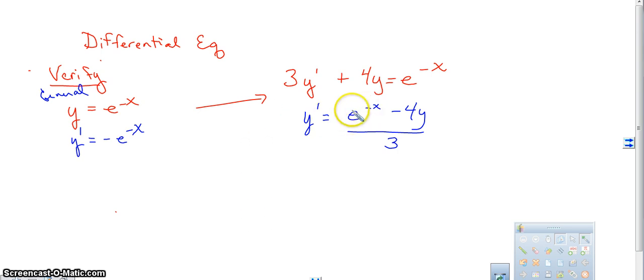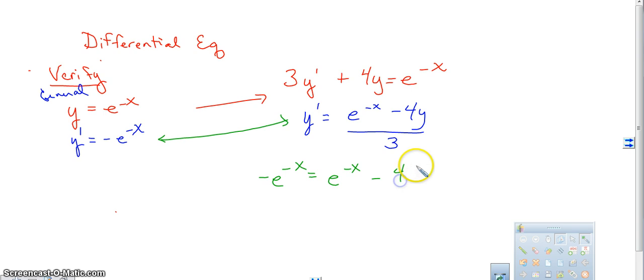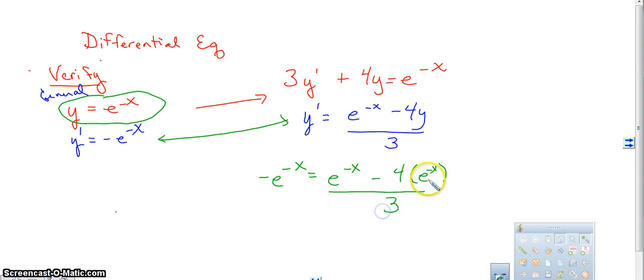These two y primes are the same, so I can substitute: negative e to the negative x equals e to the negative x minus 4 times y. And I know that y equals e to the negative x, all over 3. So I substituted in for y prime and y using the general equation they gave me.